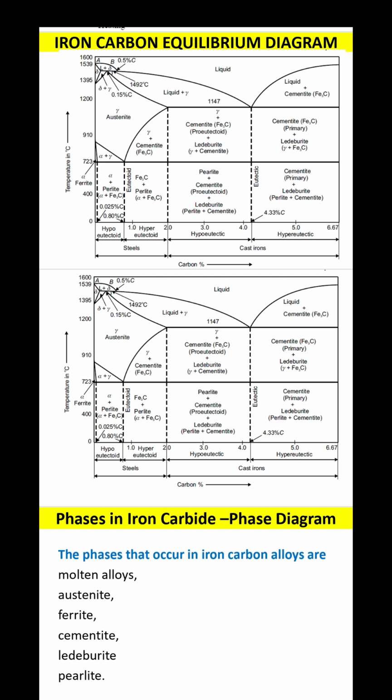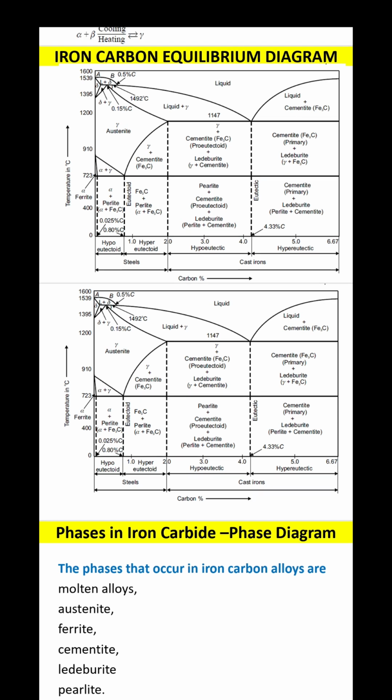Another reaction takes place at 1492 degrees Celsius, called the peritectic reaction. In that, during cooling, liquid plus delta ferrite is transformed into a new solid called austenite. That reaction is named the peritectic reaction.